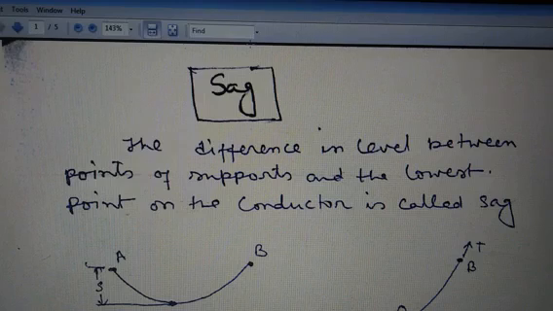The lowest point on the conductor is O and the sag is S. So here this is the transmission conductor, where A and B are the two points connected with the towers, and the conductor is just like this, with a sag present here. Sag is defined from the conductor's terminal point to the lowest point, like here is the sag.